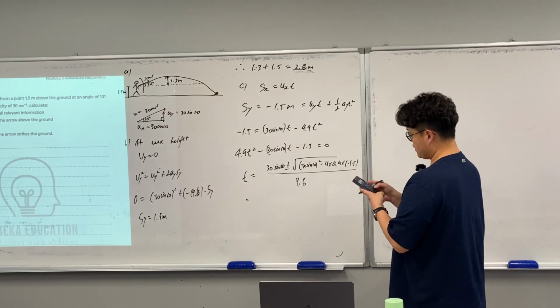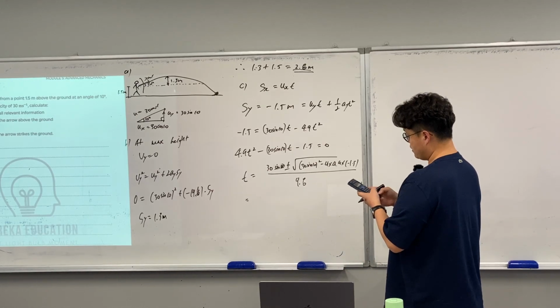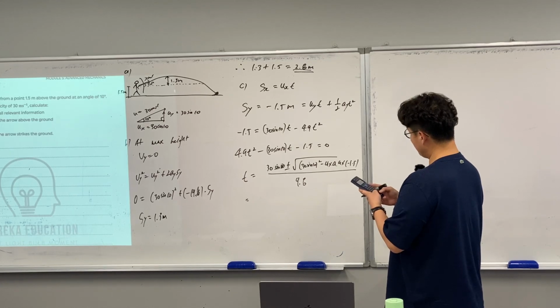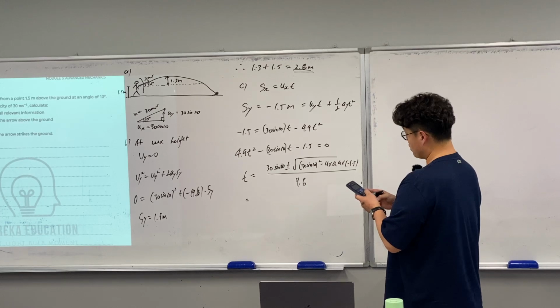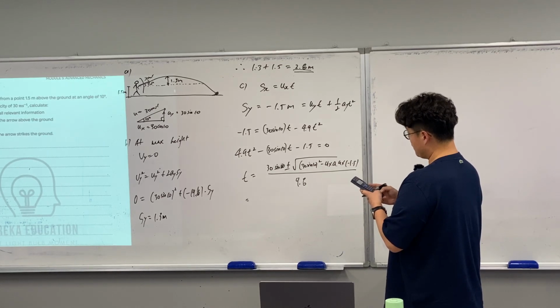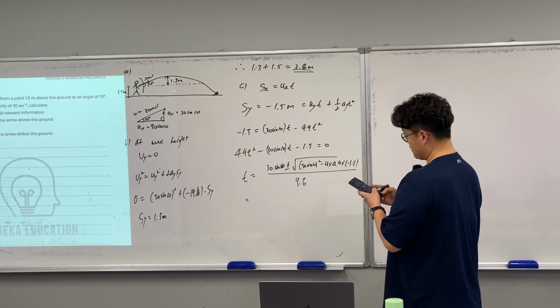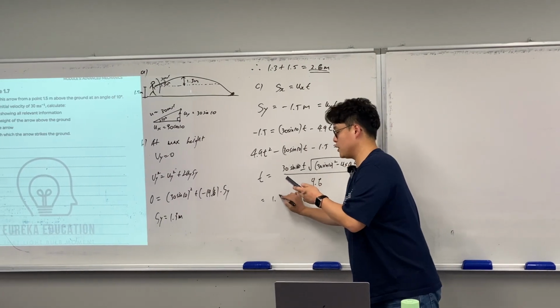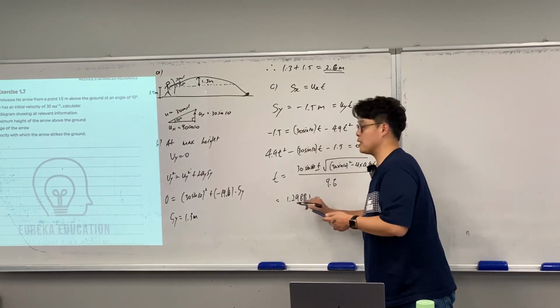Shall we do it again? 30 sin 10 squared minus 4 times 4.9 times minus 1.5, square root of that, plus that 30 sin 10 again, divided by 9.8. Yeah, I get 1.2988 seconds.